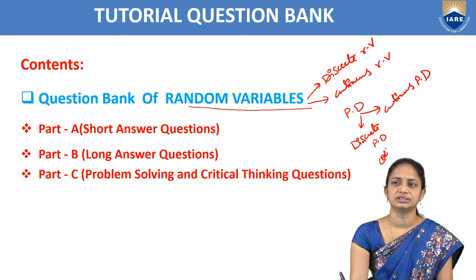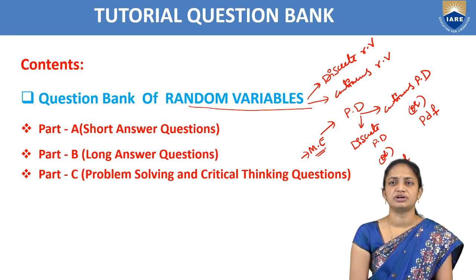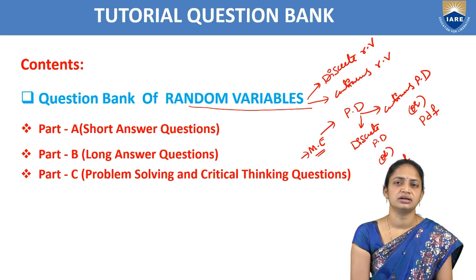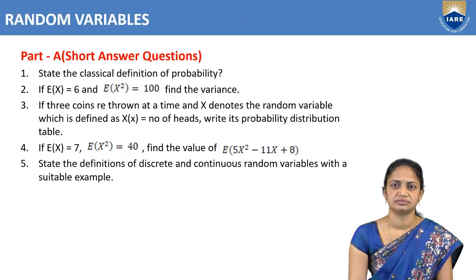Discrete probability distribution is nothing but PMF and continuous probability distribution is nothing but PDF. The next topic is mathematical expectation. These are our topics in random variables. Now we'll discuss the question bank of Part A first.